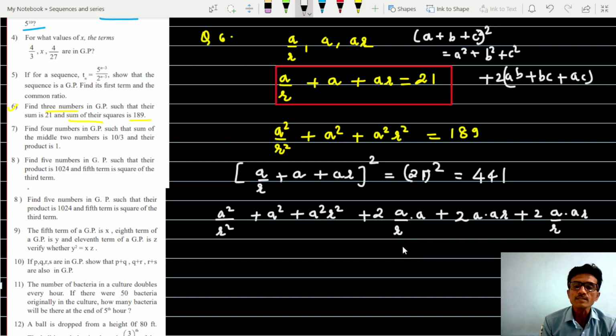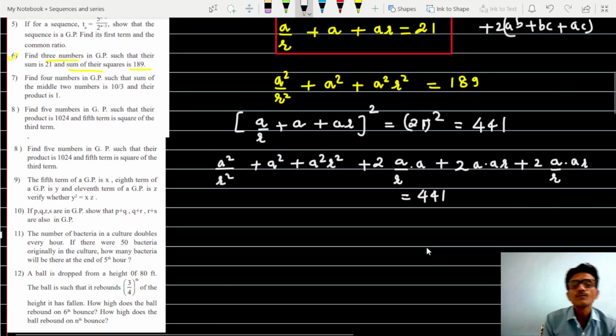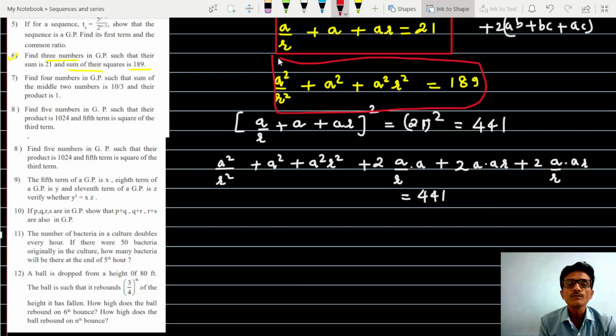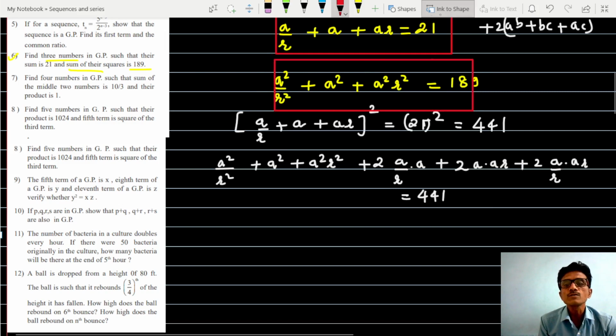What is the right hand side? Right hand side is 441. Now see in this equation what we have: A square upon R square, A square and A square R square, that is 189.